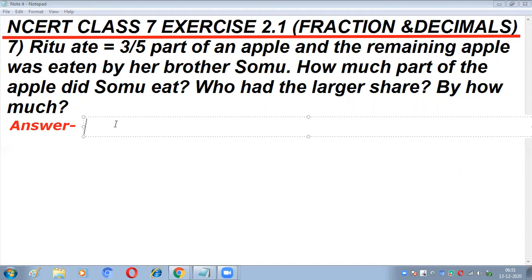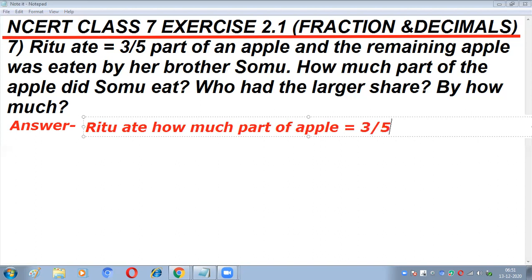So Ritu ate how much part of the apple? That is 3 by 5 part, okay? And now we're finding Somu's part, that is, how much part did Somu eat.